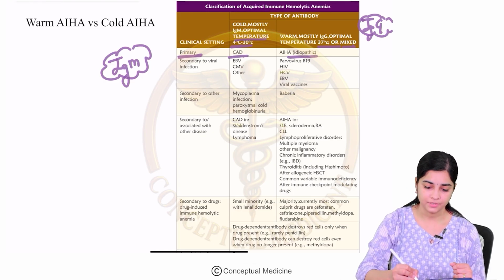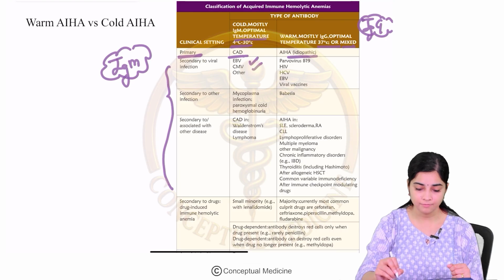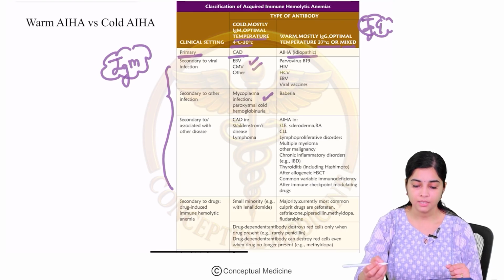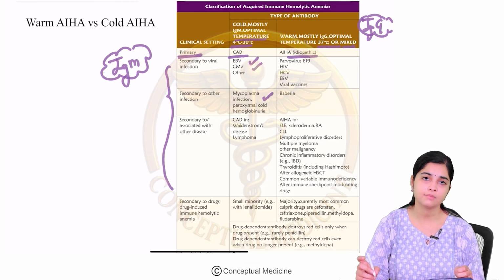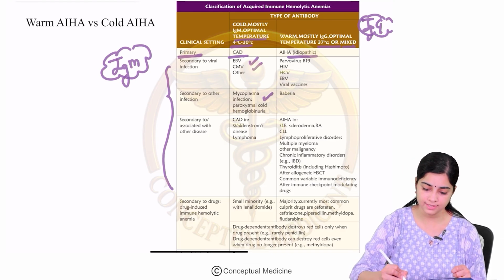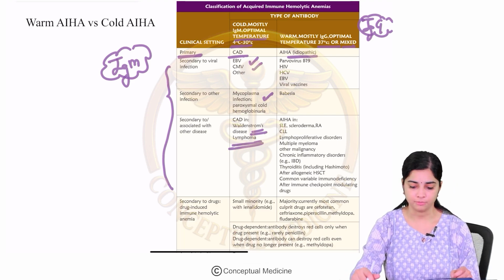Remember, the etiologies for cold AIHA include viral infections like EBV and CMV, other infections including mycoplasma, and you have to remember two very important malignancies which can be associated with cold agglutinin disease: Waldenström's disease and certain non-Hodgkin's lymphomas.